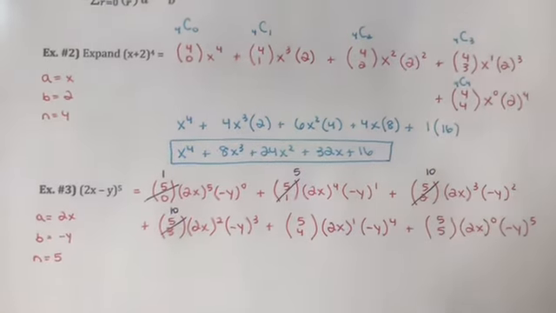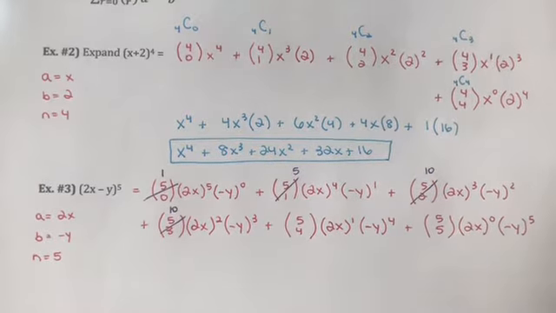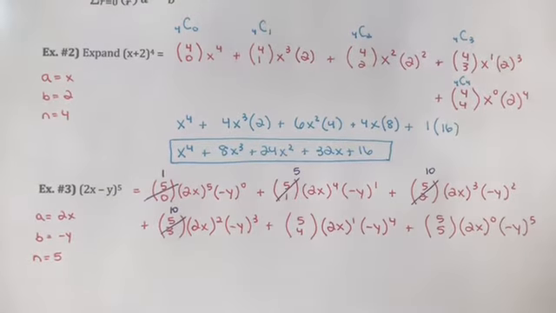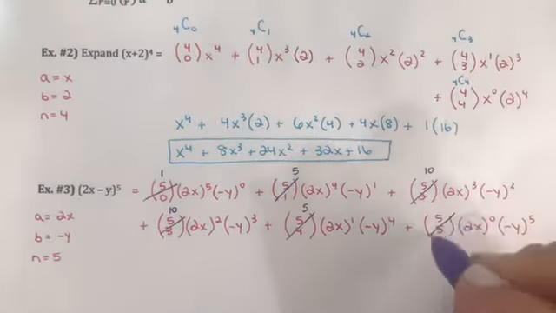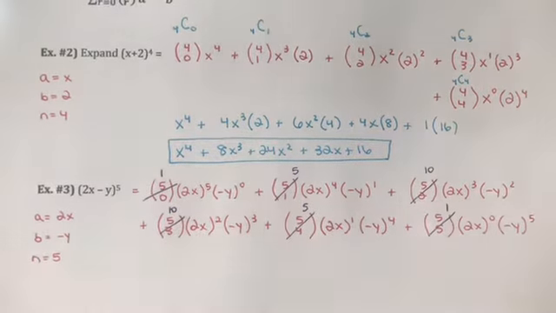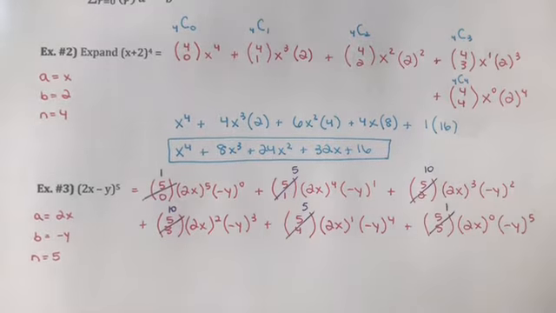Okay, these last ones I'll just do off camera. 5C4 is 5. And then 5C5 is 1. Okay, so at least I have the coefficients. Now I'm ready to simplify.